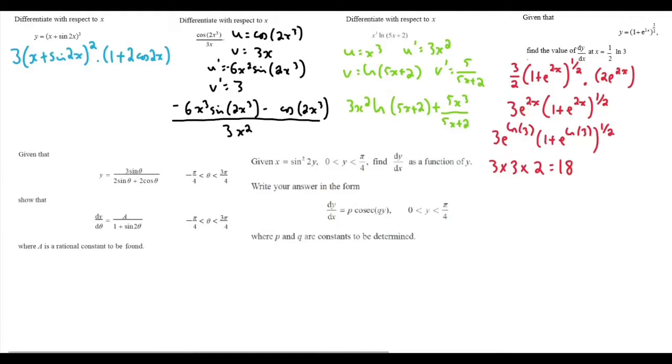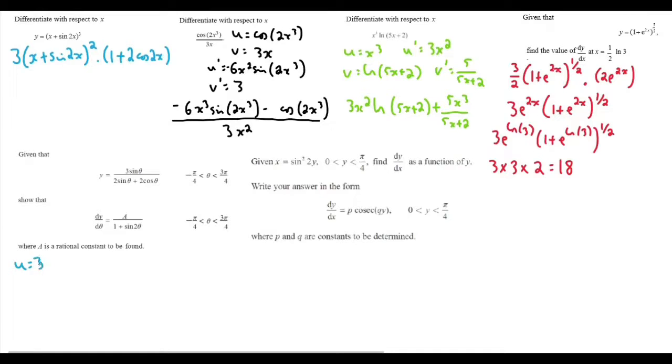Back on the left, we now have, given that y equals 3 sine theta over 2 sine theta plus 2 cos theta, and it's just given you a range that theta is going to be between so that this works. Show that you can differentiate to give something over 1 plus sine 2 theta. Well, this is the quotient rule, so once again we'll start by identifying our u and our v.